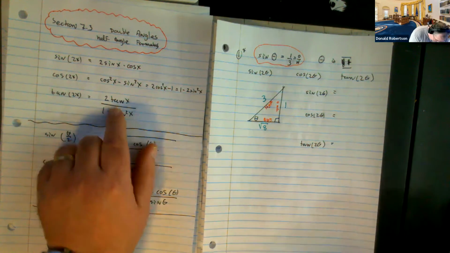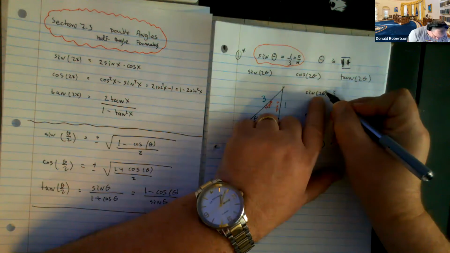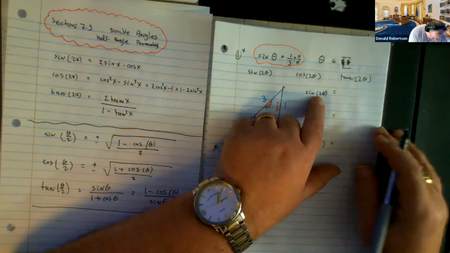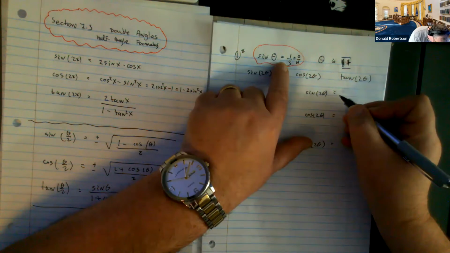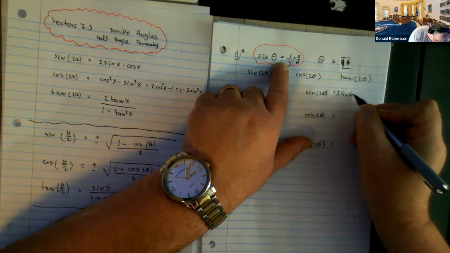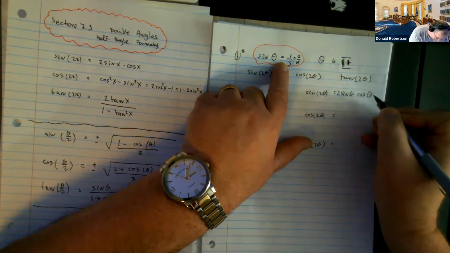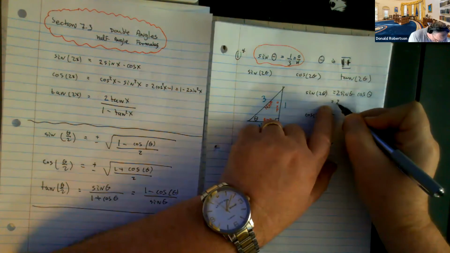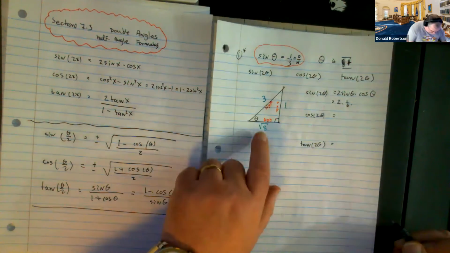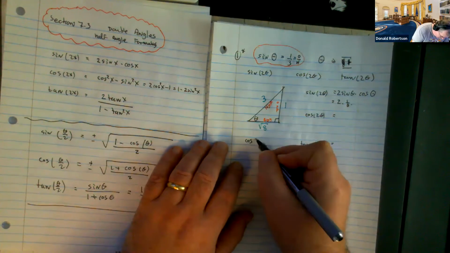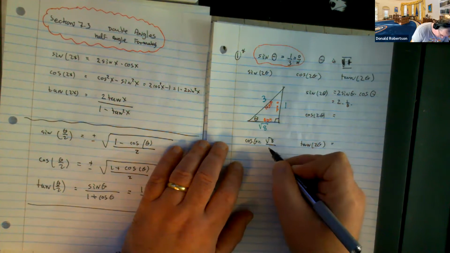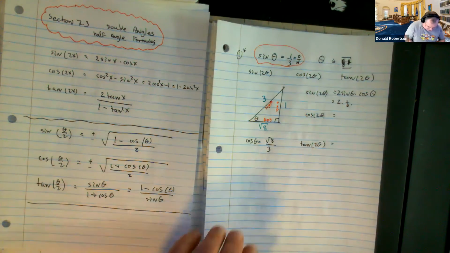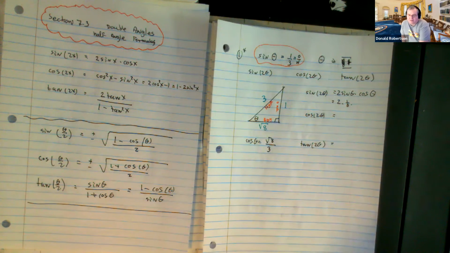Now, the sine of 2 theta. Well, it's going to be 2 times the sine of theta times the cosine of theta. 2 times 1/3. If I go here and find the cosine of theta, it's the square root of 8, that's the adjacent, over the hypotenuse. But is it plus or is it negative? Because that's important for the answer.